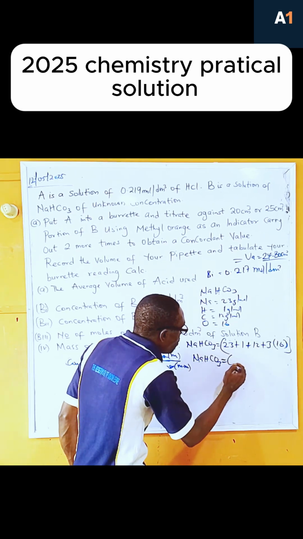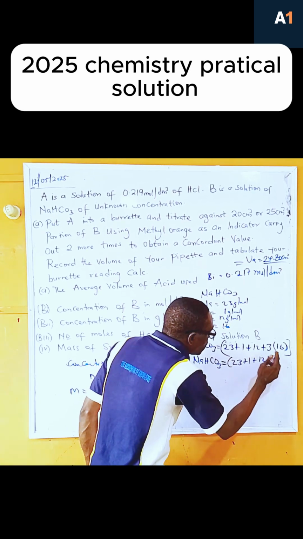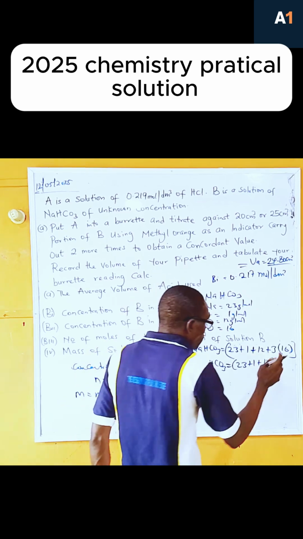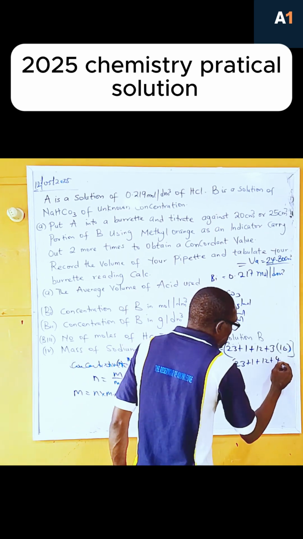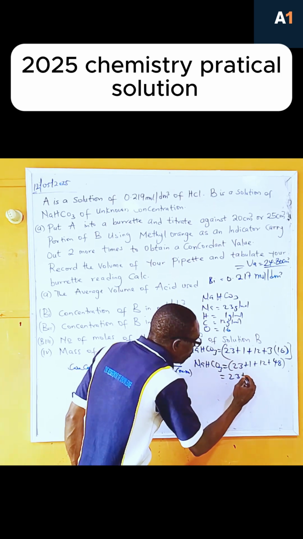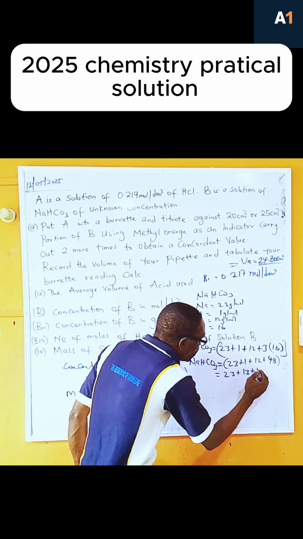Now we have open bracket 23 plus 1 plus 12, then plus 3 times 16. That is 48. Now we have 23 plus 1 plus 12, which is 13, plus 48.